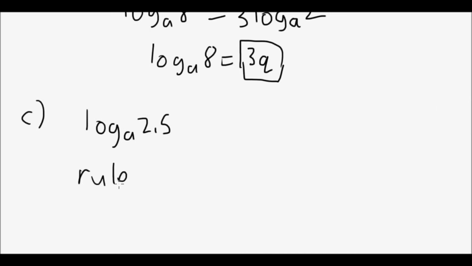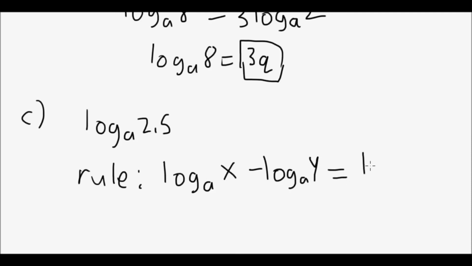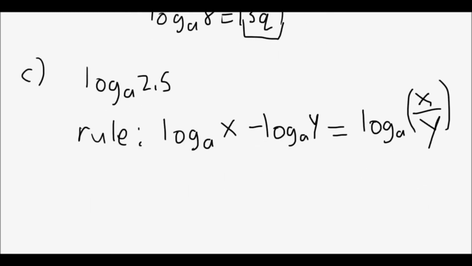So here is the rule. When you have log A x minus log A y, this is going to equal log A x over y. And that's the rule. It's quite simple, actually.